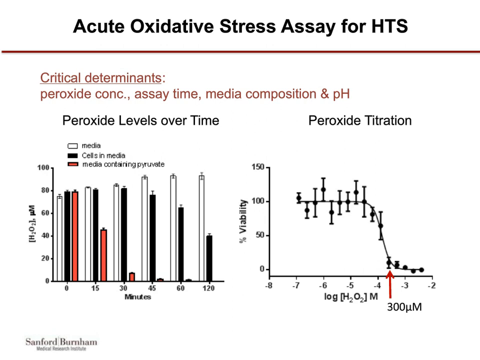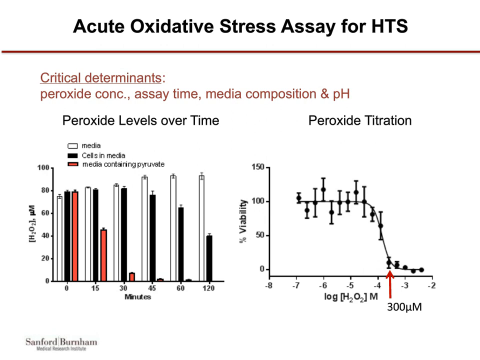The peroxide working concentration is quite stable over time, as shown in the white bars in the bar graph. We can go out to about 4 hours, and peroxide levels are stable, so that makes it very conducive for high-throughput screening. The cells themselves will start to utilize catalase enzyme activity to break down the peroxide over time, and you see that in the black bars.